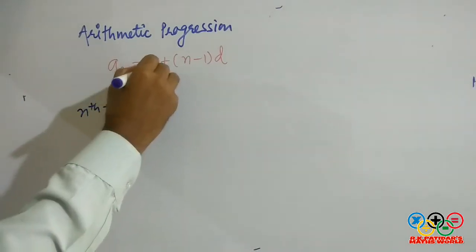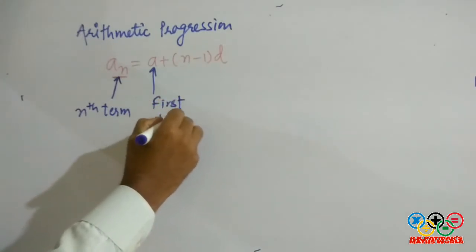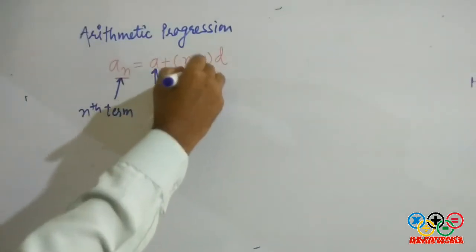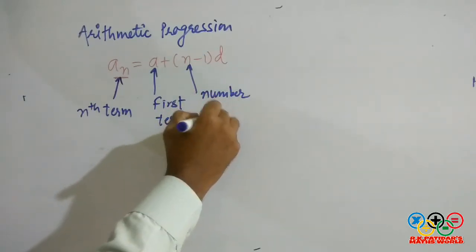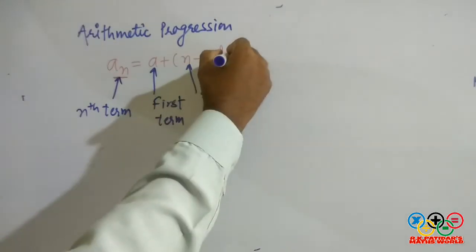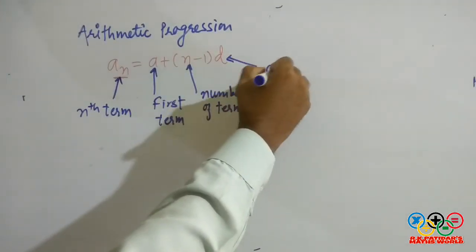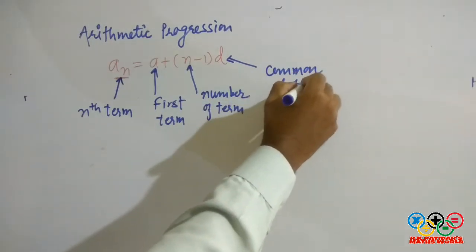This is the first term. This is the number of terms, meaning which term this is. This is the common difference.